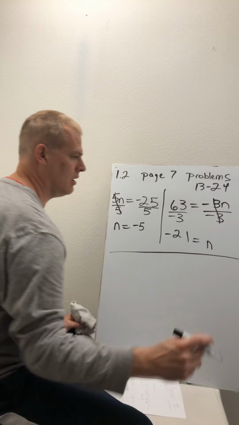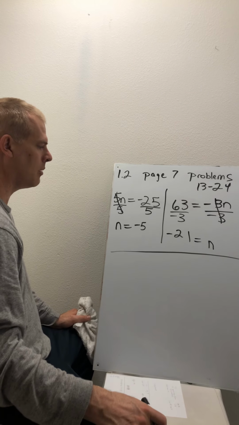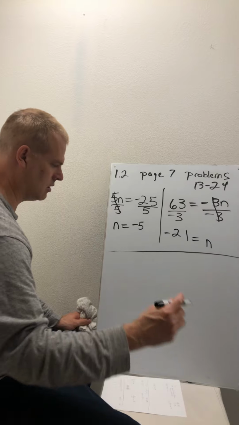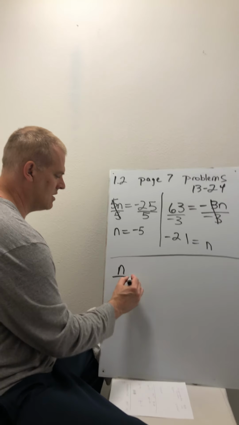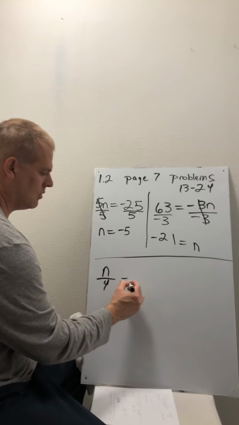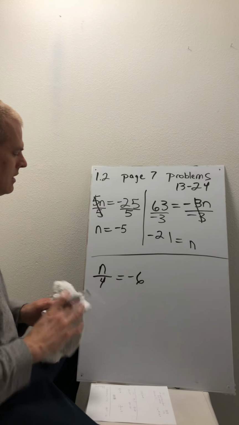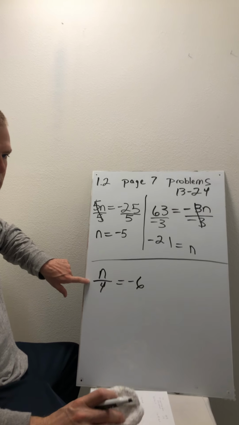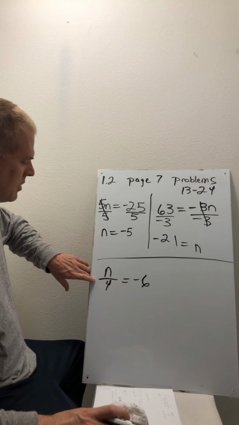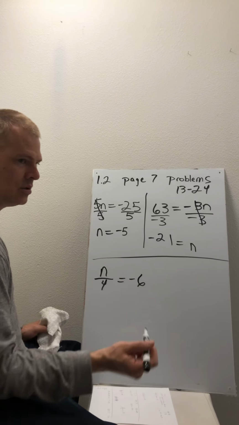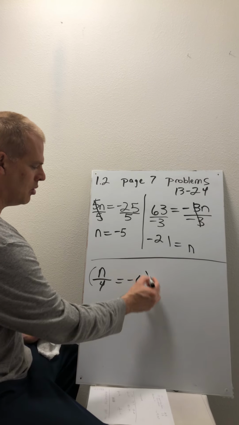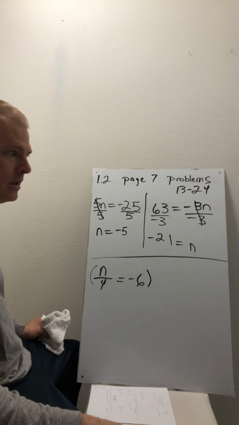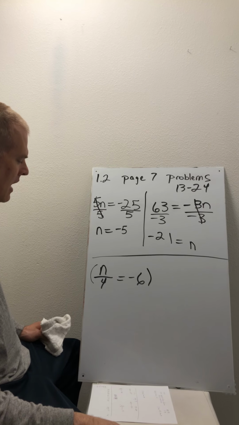Okay, now we're going to do division problems where we use multiplication. So if I have n divided by 4 equals negative 6. Again, this is a division problem, so we want to move towards multiplication. What we do is we put parentheses around both sides of our equation and we multiply by the denominator.